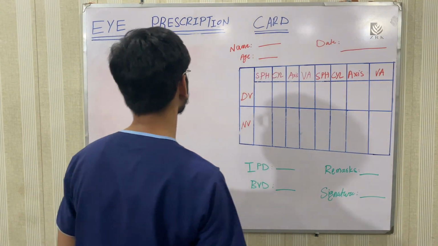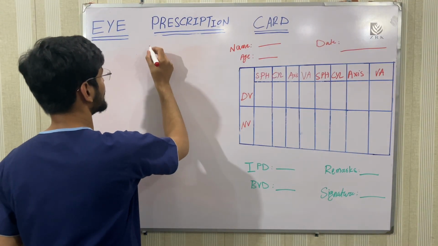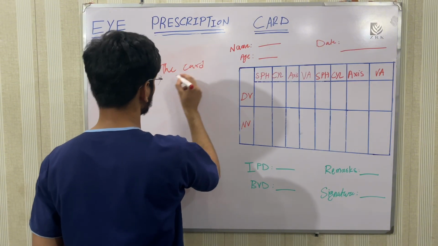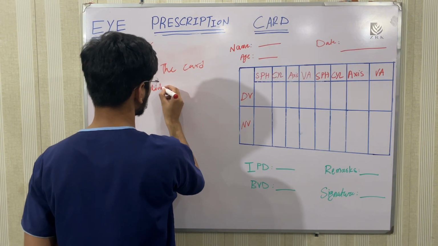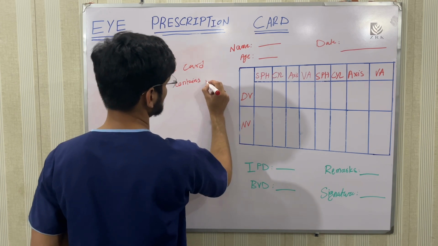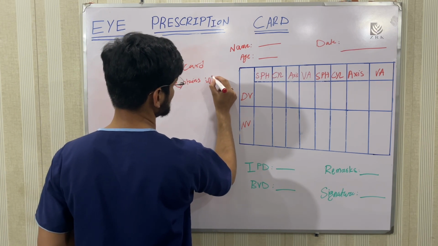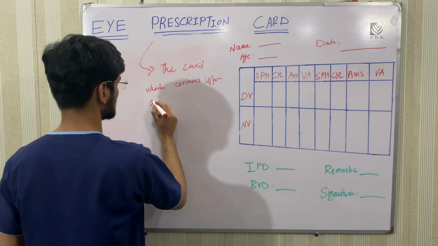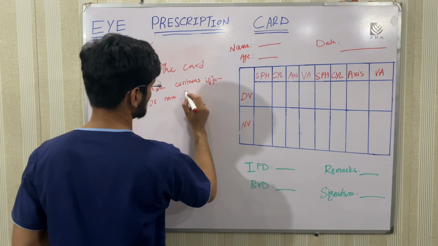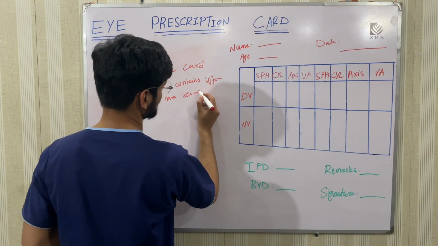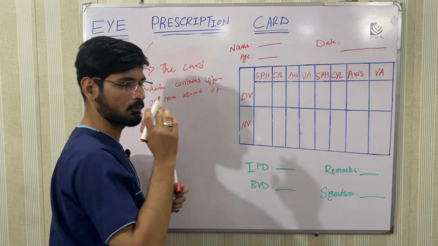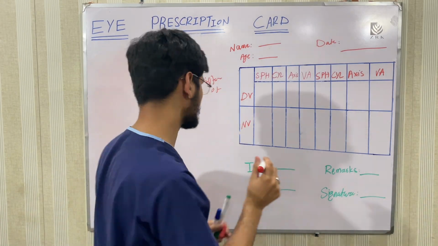In simple word, the card which contains information or have a record of my refractive status.